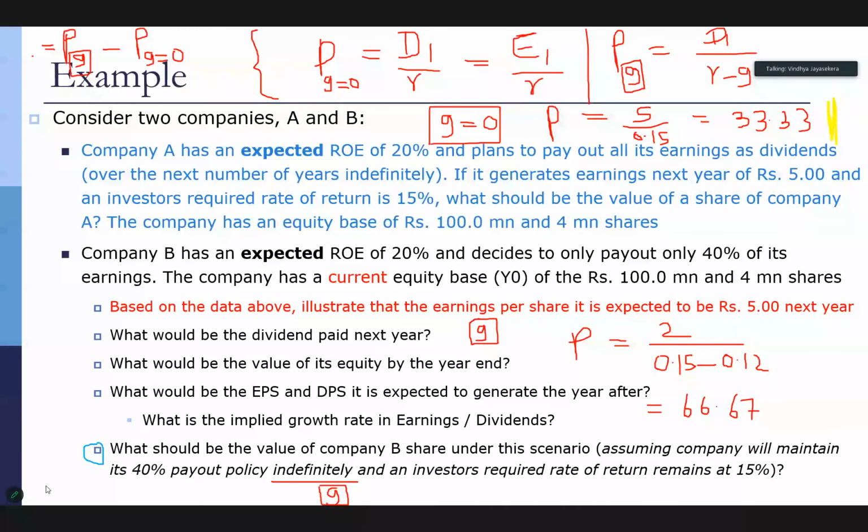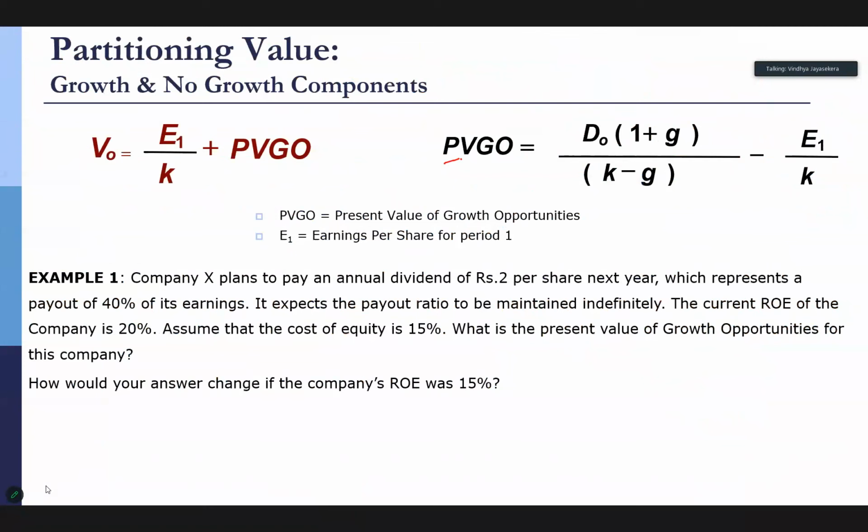This is what we call how much growth opportunities are embedded in the price of the share. We call it the present value of growth opportunities. The company's price with growth minus the company's price without growth. Any questions?